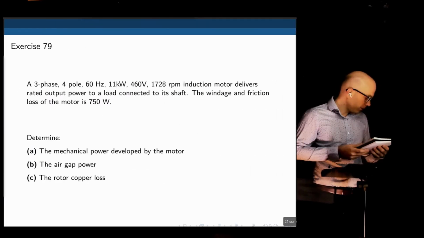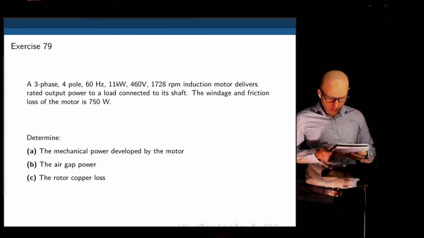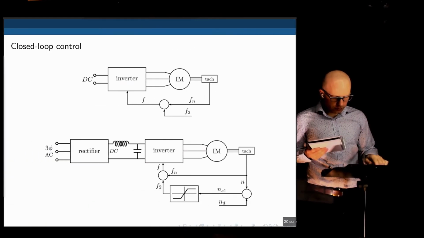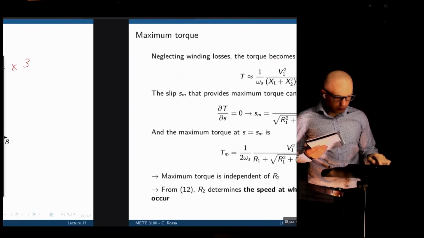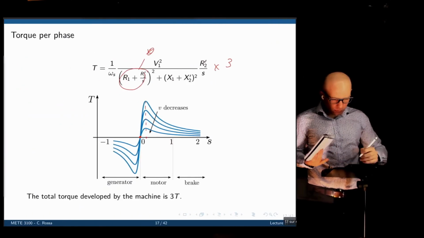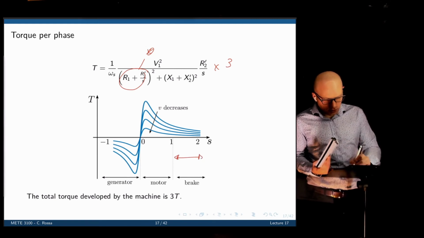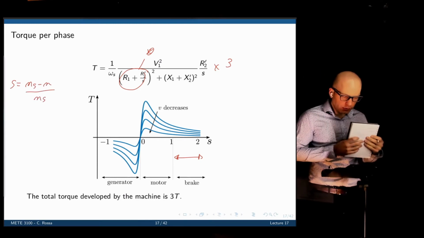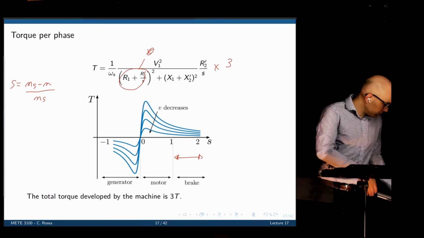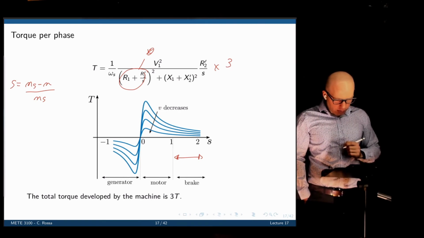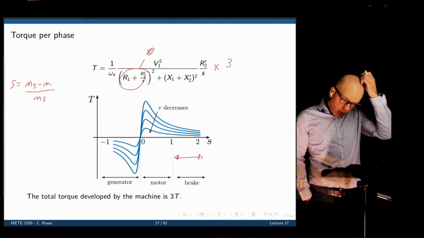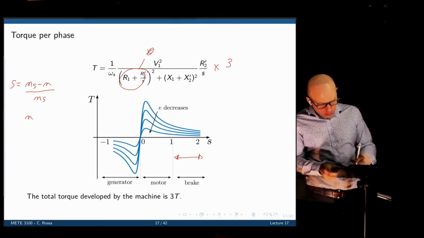Question? Yep. Would you mind explaining the braking portion of the graph? The braking, yeah. This part here. Yeah, so that S is (NS minus N) divided by NS. Right. So for this to be greater than 1, we need N to be smaller than 0.